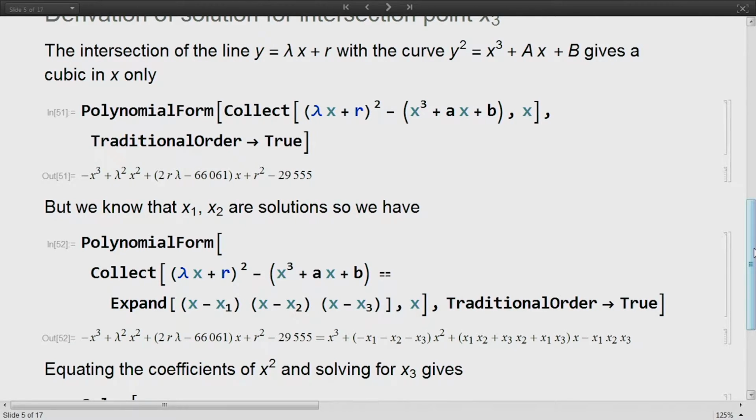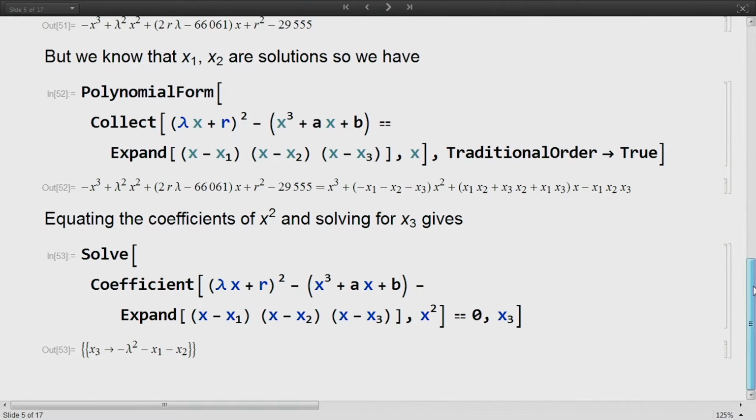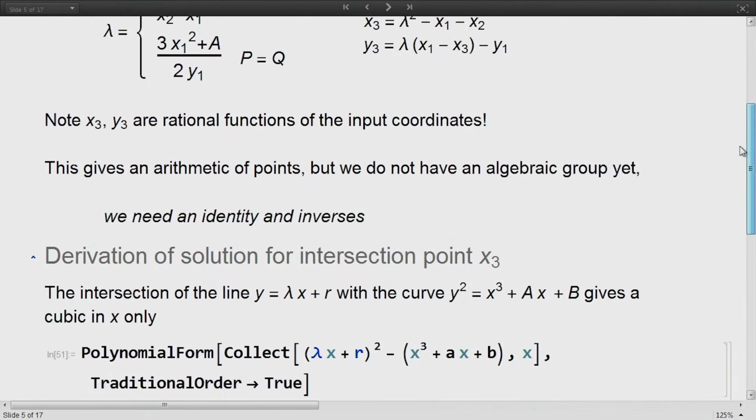So the third point must be the third factor, and then we can let the algebra system equate the coefficients of x squared, which is known quantities on the left side, lambda squared, and we know two of the three factors on the other side, so we get the nice expression. And then the point lies on a line, so the y-coordinate is simple.